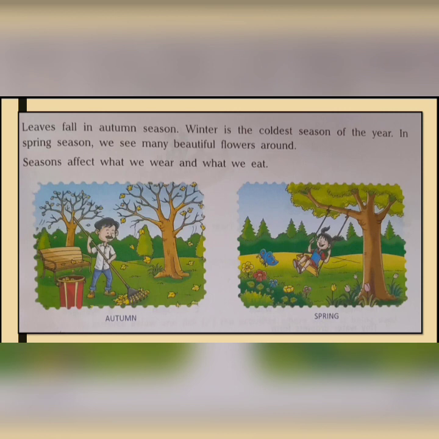And what we eat, how is it affected by seasons? In all seasons all the crops or pulses are not grown, because every season is not good for all types of crops. That's why change in seasons also affects what we eat.